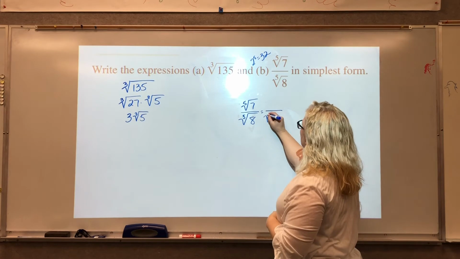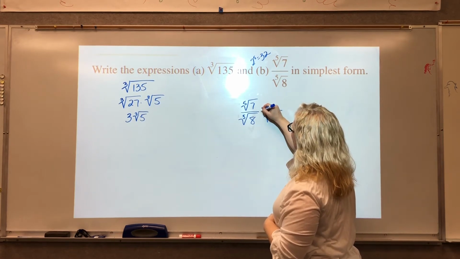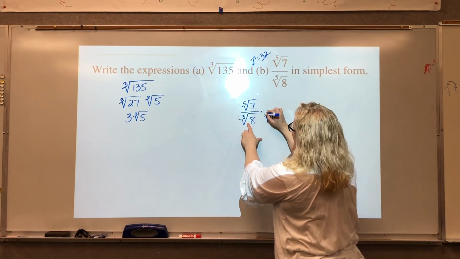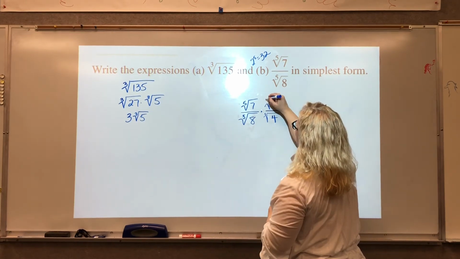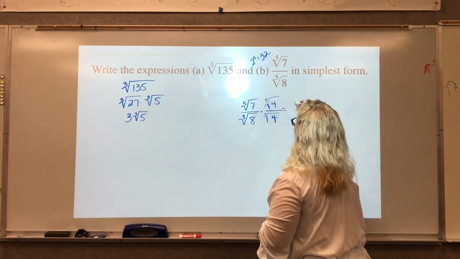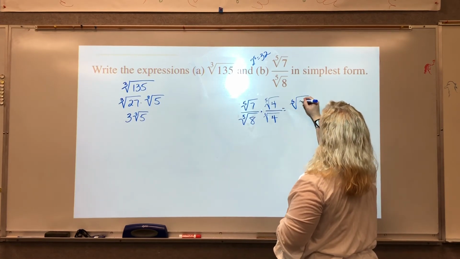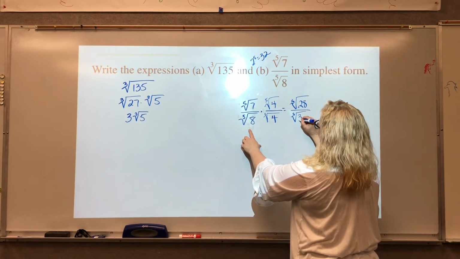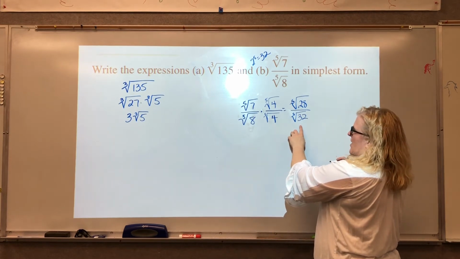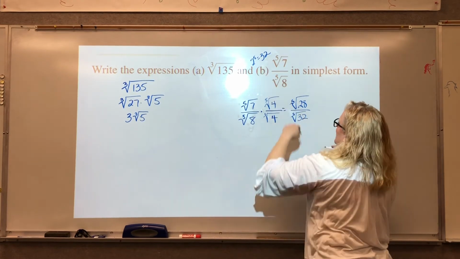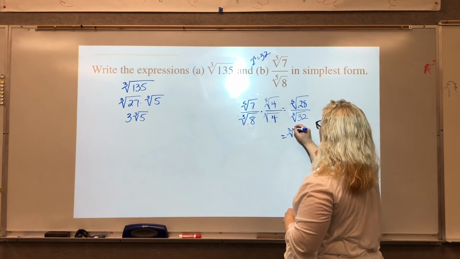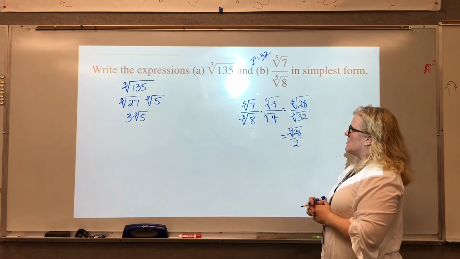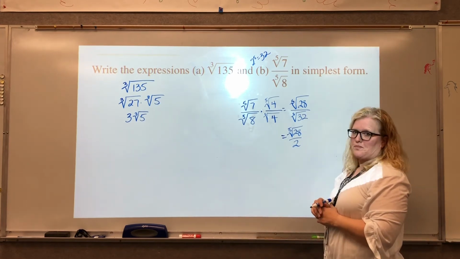So if I multiply this by the 5th root of 4 on the top and on the bottom, then I get the 5th root of 28 on top, and I get the 5th root of 32 on the bottom. And the 5th root of 32 is 2. So the answer to this one is the 5th root of 28 over 2.